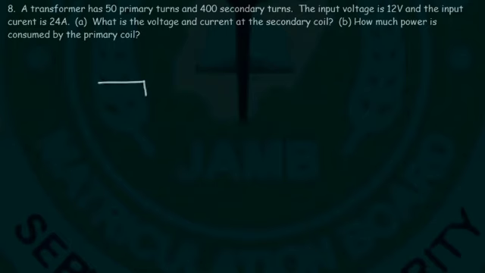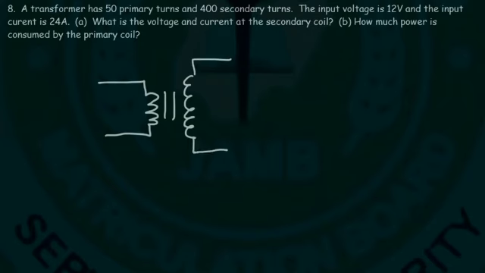So let's draw a picture. This is going to be the primary side, and this is going to be the secondary side. Now, is this a step up or step down transformer? Since NS is greater than NP, this is going to be a step up transformer. The voltage is going to increase. Now the input voltage is 12 volts, so that's Vp.